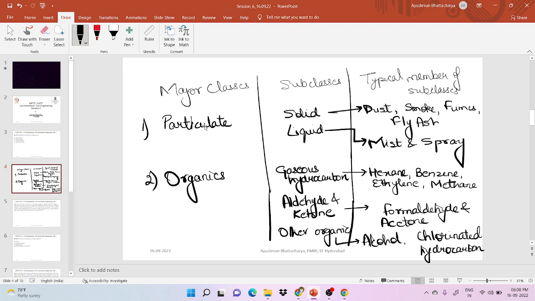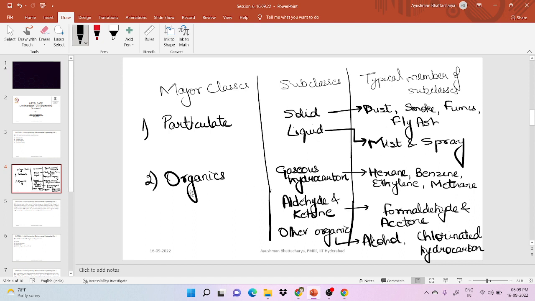The major classes are particulate, organic, and the third one is inorganic. Under particulate, subclasses are solid and liquid. Under solid, dust, smoke, fumes, and fly ash are the specific members. Under liquids, mist and spray.